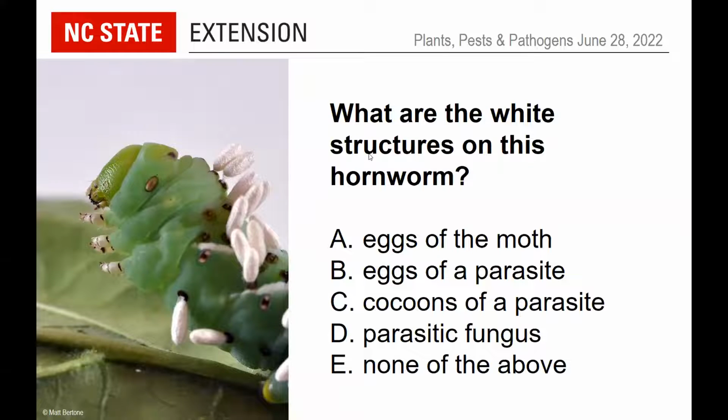I feel like I have to clarify this just so people know specifically. It's very common to see hornworms with this. We have some in the chat. Okay, somebody's saying B in the chat. Okay, we are going to give it another 10 seconds.